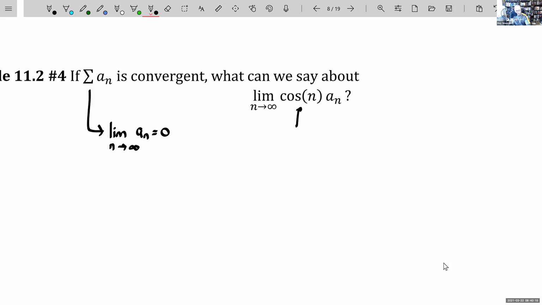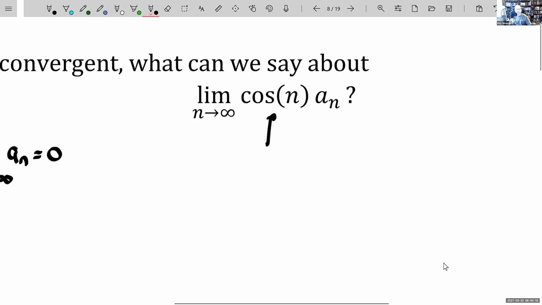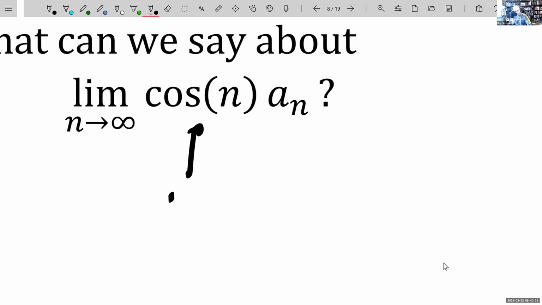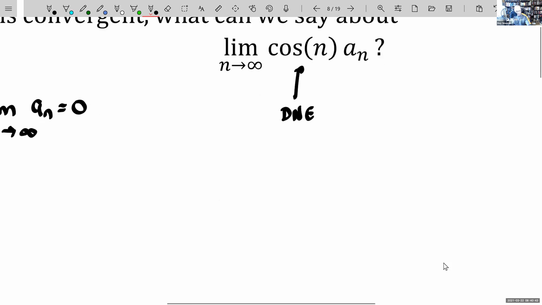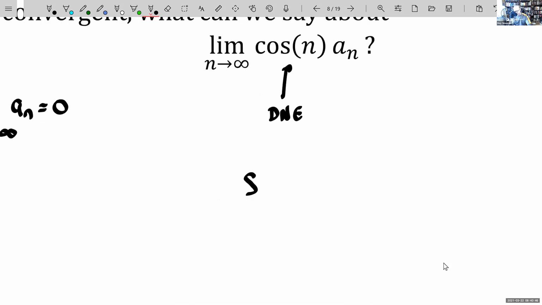Notice this part right here, the cosine of n as n goes to infinity: that limit does not exist, because it's popping back and forth between a bunch of different numbers. That's the problem child in this limit, so what we would like to do is bound that. We happen to know that the cosine of n is always, no matter what, between -1 and 1.